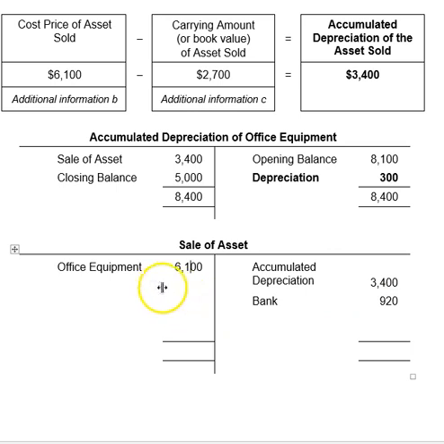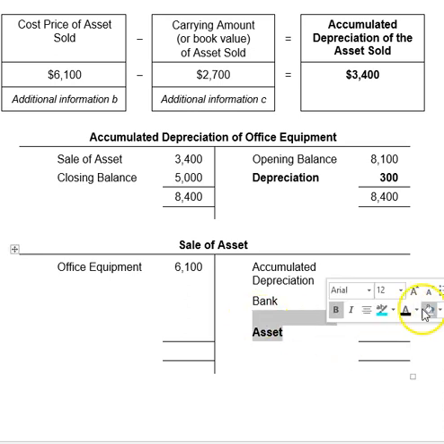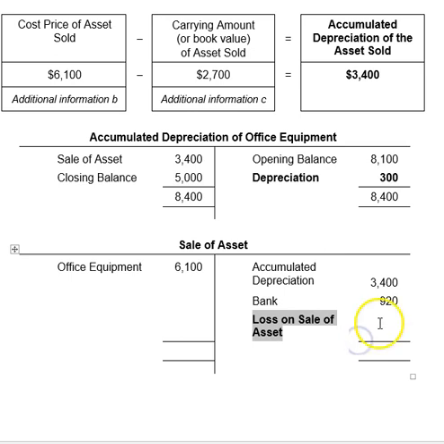So obviously our debit side is more than our credit side, which means we are making a loss. We are making a loss on sale of asset. So what we need to do here is write down the amount which is more, which is 6,100, in our total here. Then we find out our balance, which is 6,100 minus 3,004 minus 920.